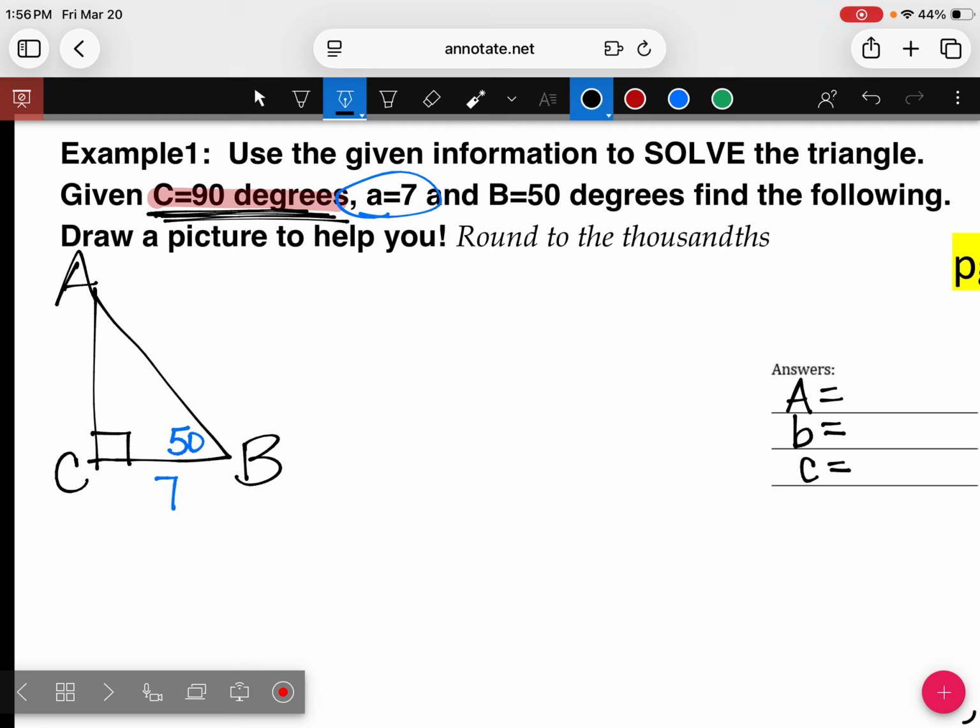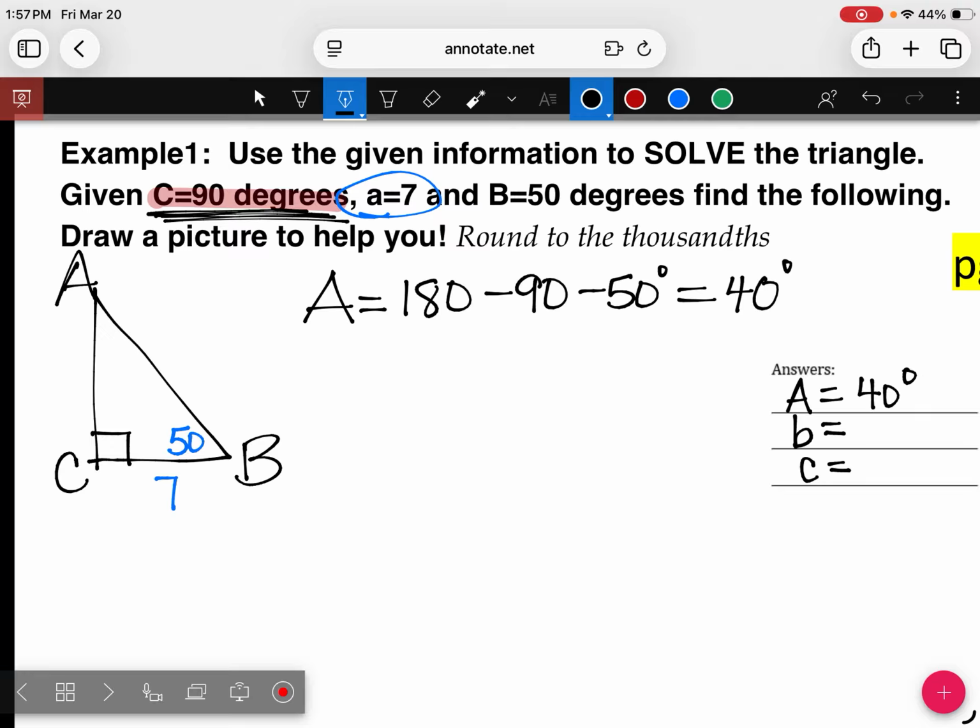So that means that angle A, which is big A, is going to equal 180 minus the right angle minus angle B. So you should get 40 degrees. Anybody get 40? All right, good.